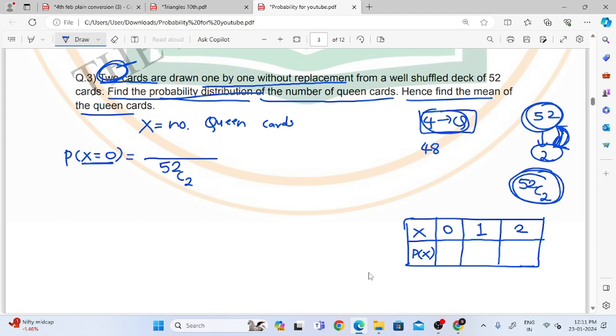Total 48. That means no queens means both the cards we select from these 48. So in the numerator 48C2. We cannot take the 4 queens because x is equal to 0. So 48C2, that means 48 multiplied by 47 upon 2 into 1, divided by 52 into 51 upon 2 into 1. So this 2 into 1, 2 into 1 will get cancelled.